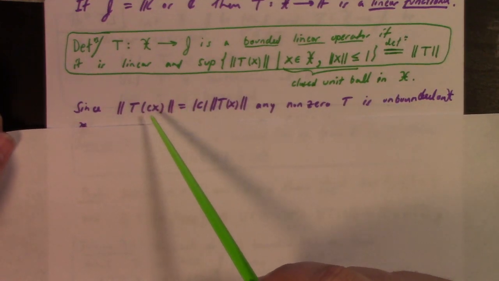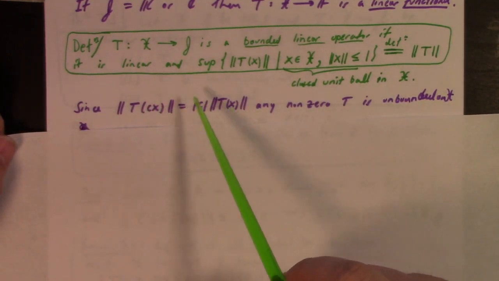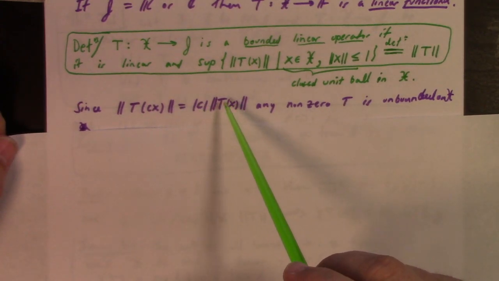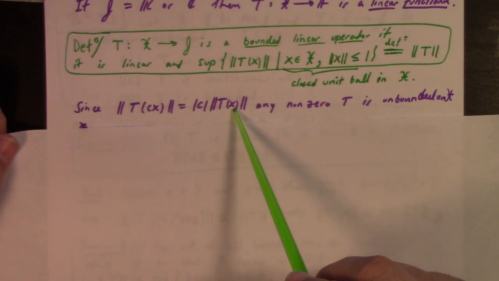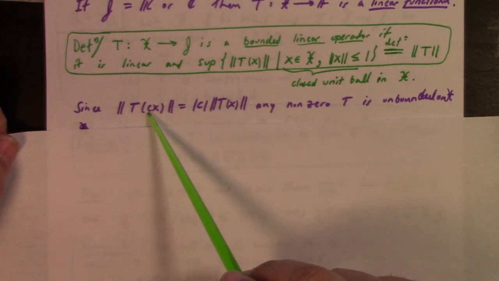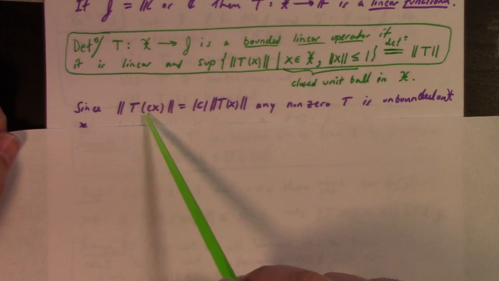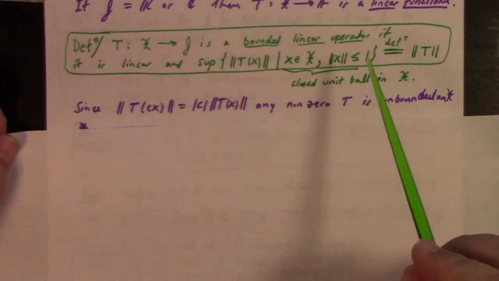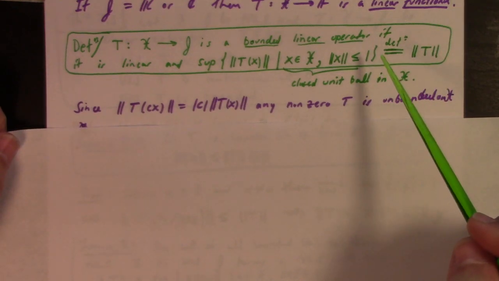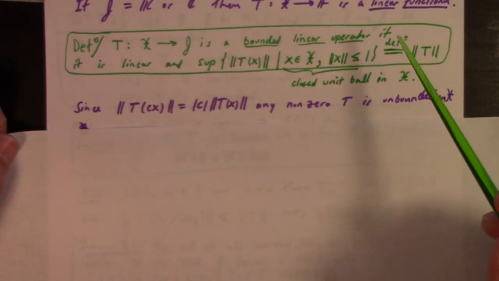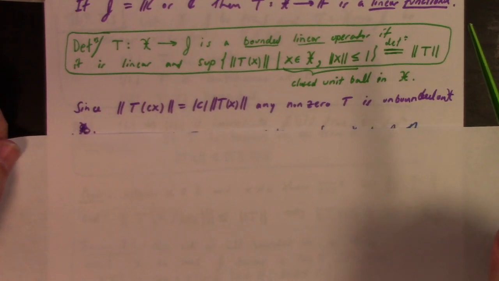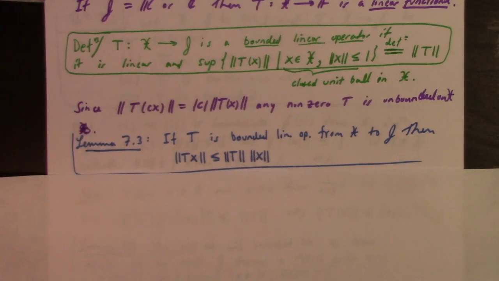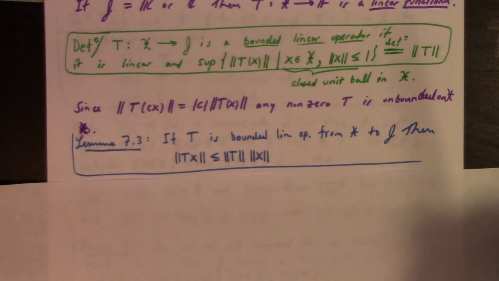Notice that since we have homogeneity of the operator and we can pull c out like that, if you take x to be on the unit ball, well, cx is still in the vector space, and unless this is 0, this can be made as large as you like. So if we don't just focus our attention on the closed unit ball, certainly the values for a linear transformation which is non-zero will be unbounded. Duh. I'm sorry. Anyway.